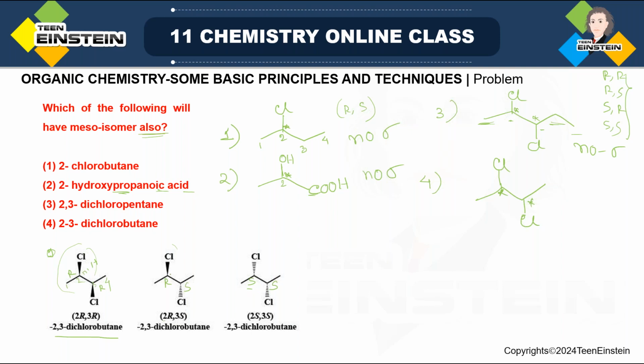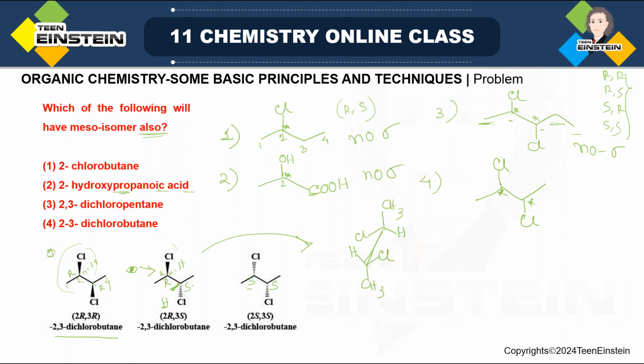The middle one, you will see there will be a sigma plane. So how to understand that? If you are looking at this molecule from this side, suppose your eye position is here, I will convert it to Sawhorse. Now H will be here, Cl will be here. This is the methyl group, right? Now the back carbon: methyl is here, H is this side, Cl is this side.